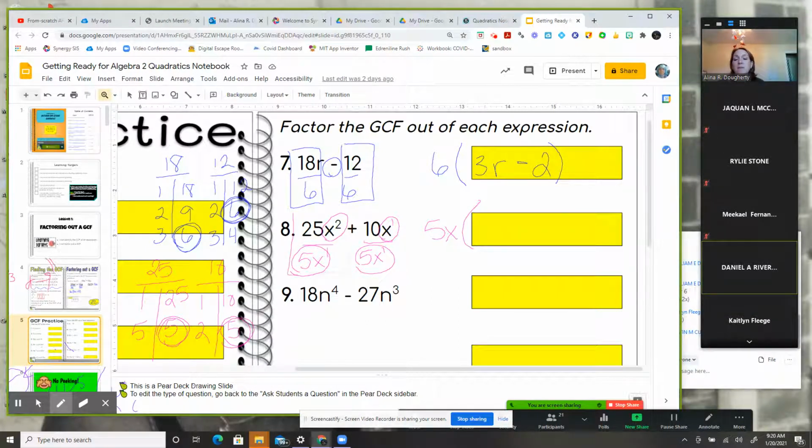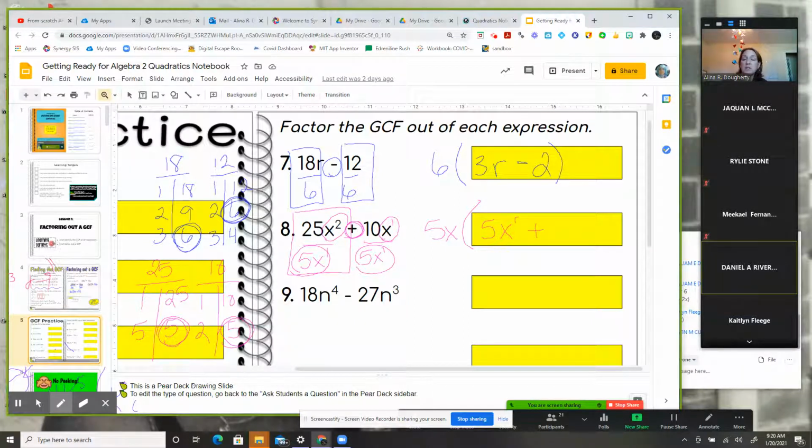So 25 divided by 5, do the numbers first, is 5. And then x squared divided by x to the 1, we're dividing, so we're really going to subtract. 2 minus 1 is 1. So you can put that little 1 there if it makes you happy. And then we're going to keep this sign. That doesn't ever change. And then we go to the second term.